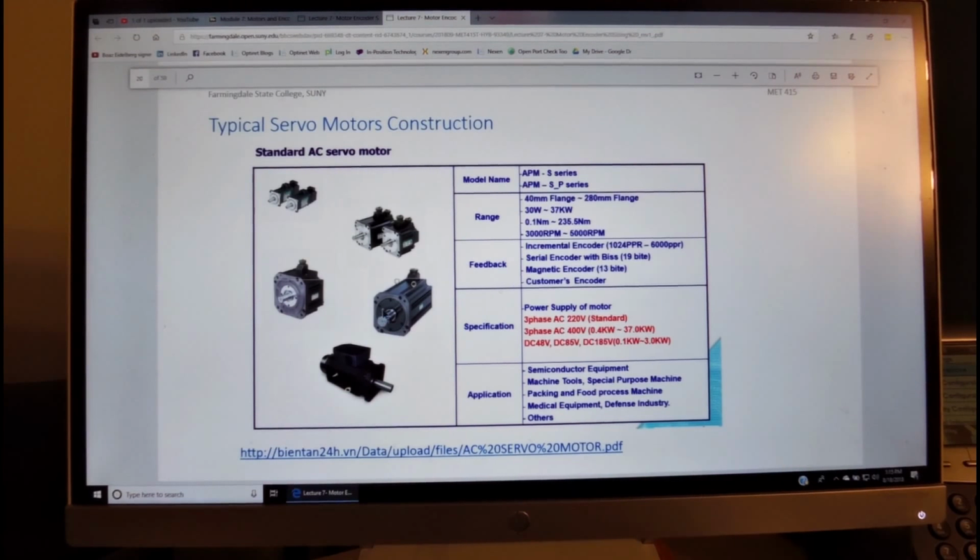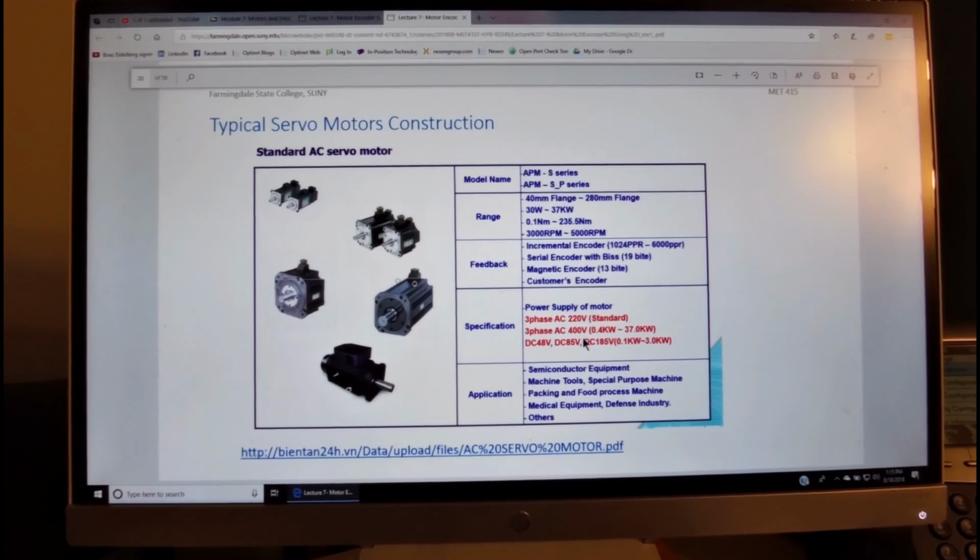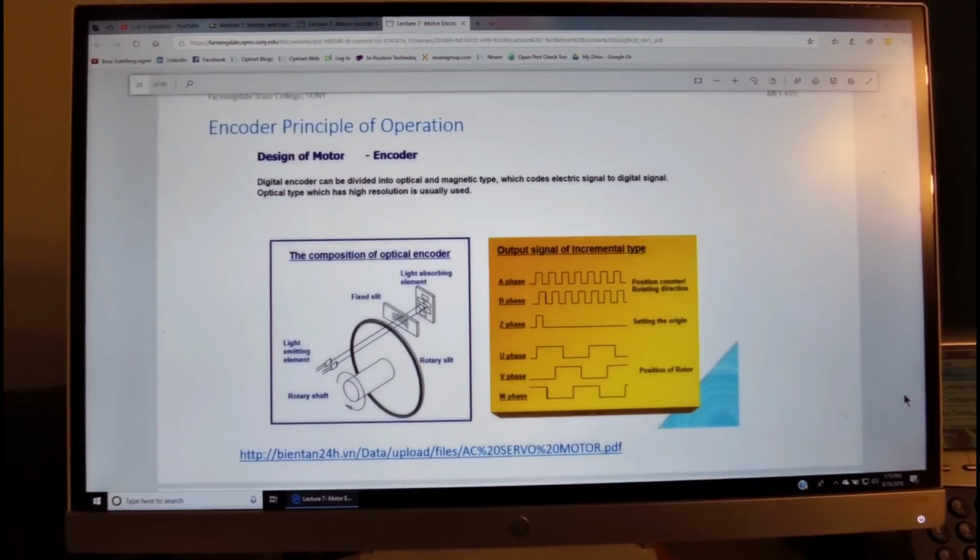Many times we may need to provide an external encoder, and we see some manufacturers of these devices. And then of course we have the power supplies, the phasers, the AC input voltage which they may run with, and the various applications that they are typically used for.